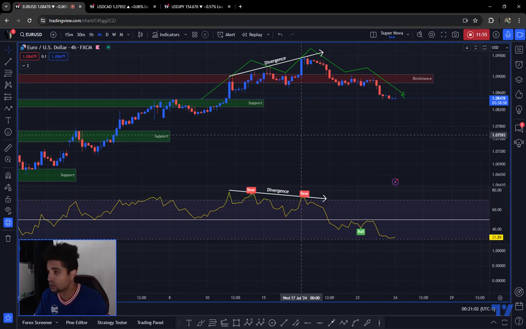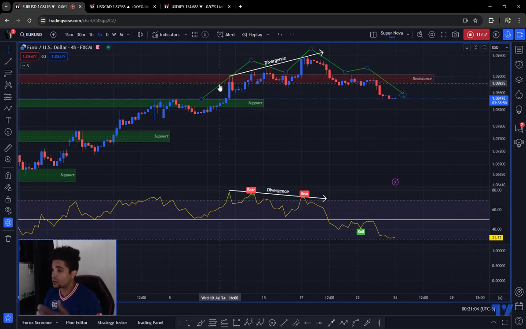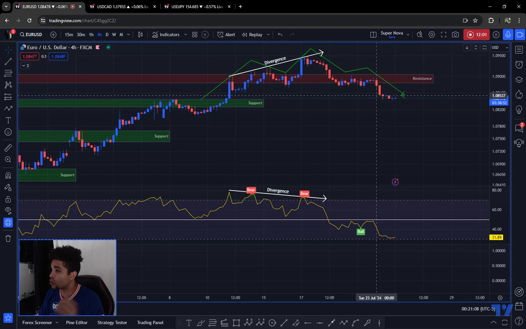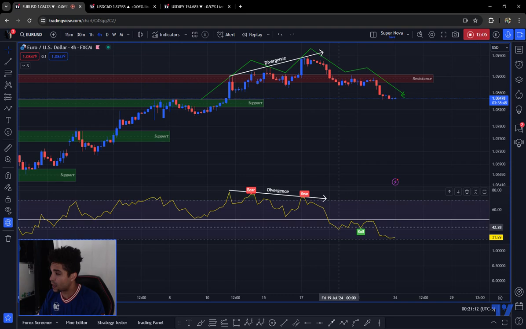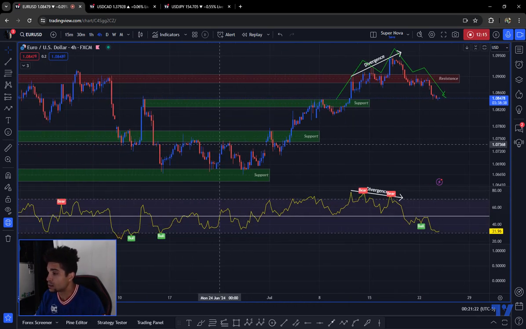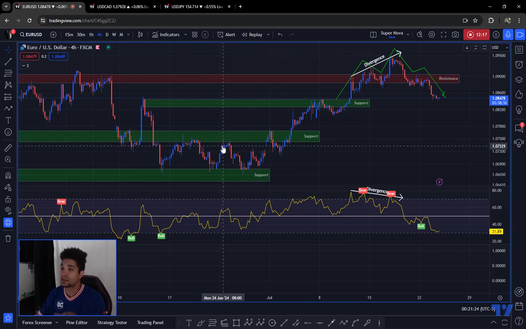So again, we have our area of value. Two, we get our break of structure. And then as the added confirmation, we also get price working down below the 50. And that's it.